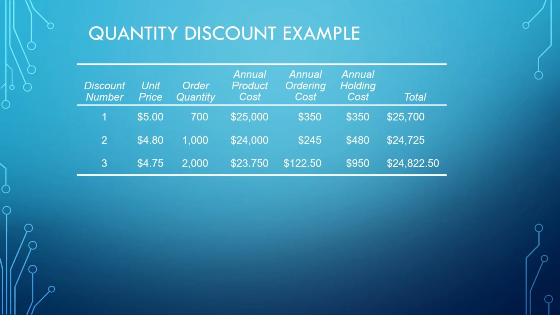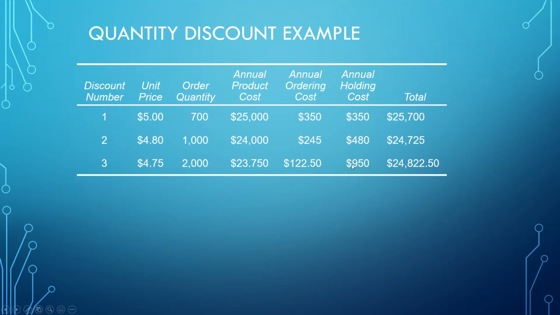Now remember that we are not using the 700, we are using the 1000. So with 1000 multiplied by $4.80, we'll get $480. And with 2000 we are getting $950, and that's the annual holding cost for these items.